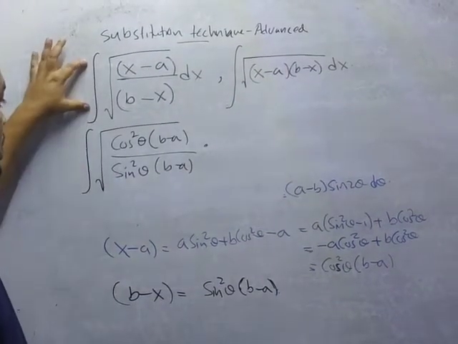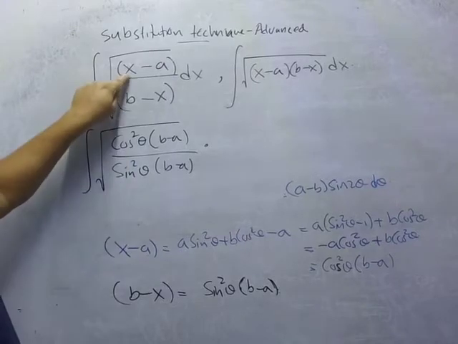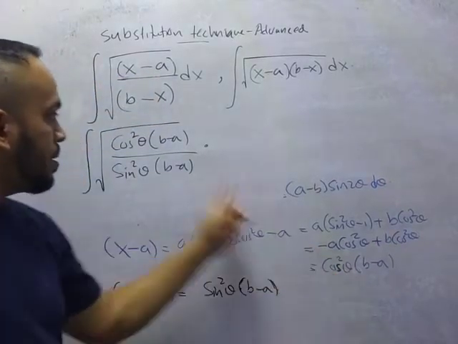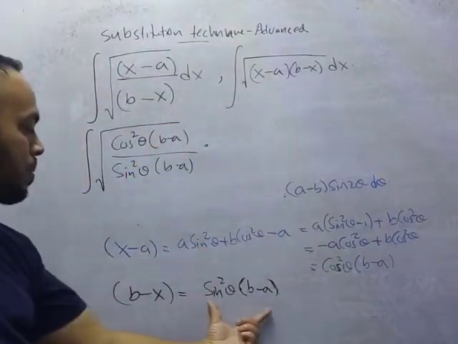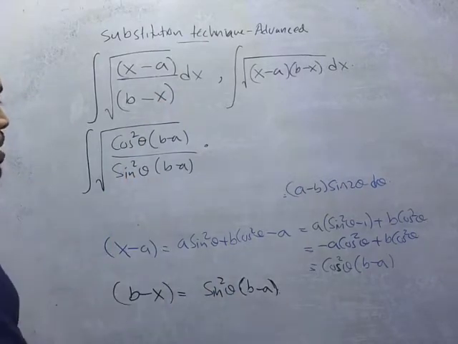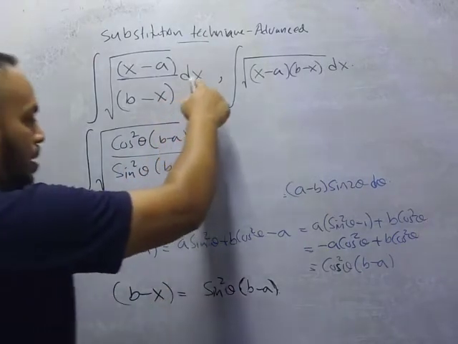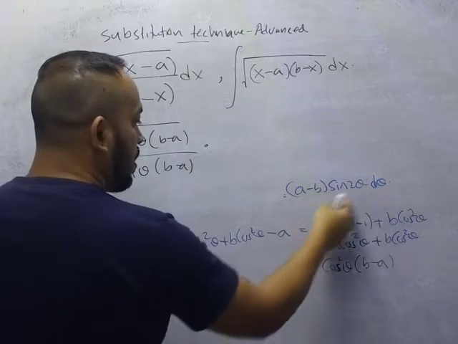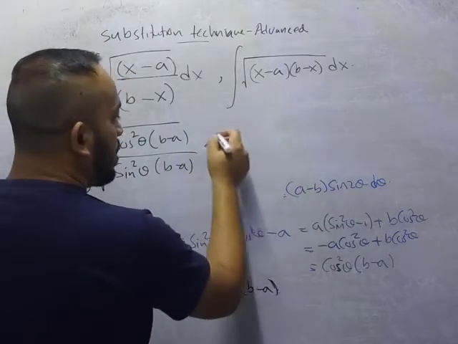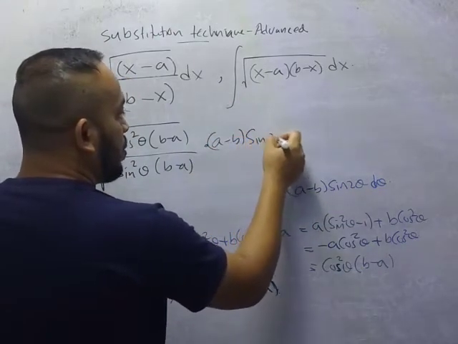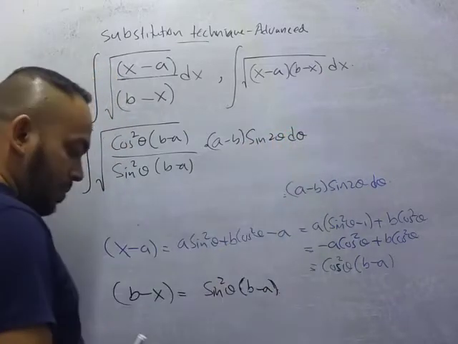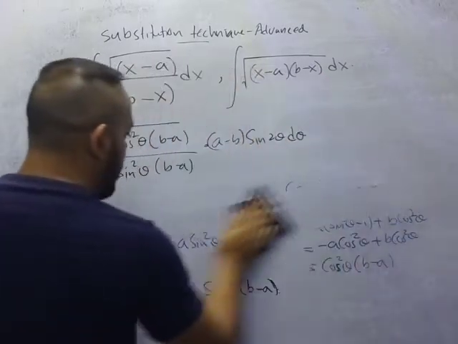So x minus a can be replaced by this. b minus x can be replaced by sine square theta, b minus a. Then dx, how can we replace dx? So we found dx to be a minus b sine 2 theta d theta.